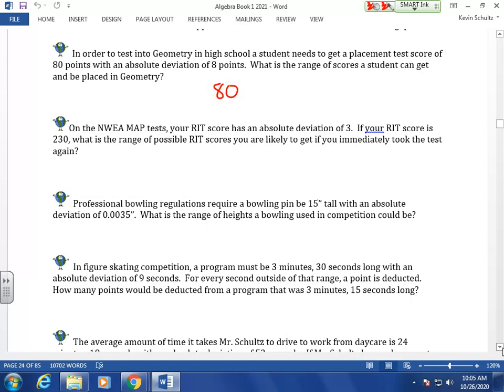But you can get 8 points higher than that, or 8 points lower, and still be placed in geometry. If you place with a 72, it might be more of a challenge. If you place with an 88, probably going to be an easier road for you there. But that's the description of 80 points with an absolute deviation of 8. 8 points on either side of 80.